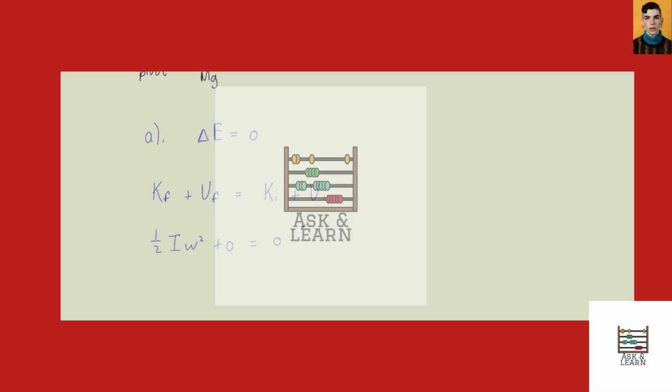Its initial kinetic energy is 0 since it starts from rest, and its initial potential energy is gravitational, mg times L over 2. So the moment of inertia here, I, is 1 over 3 mL squared. So therefore we can see that the angular speed, omega, from the equation above is equal to the square root of 3g over L.